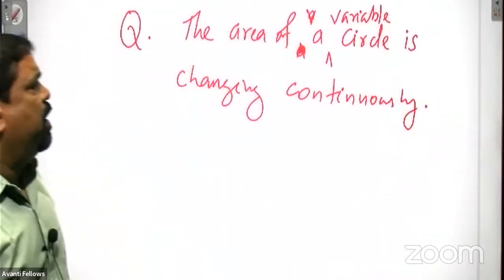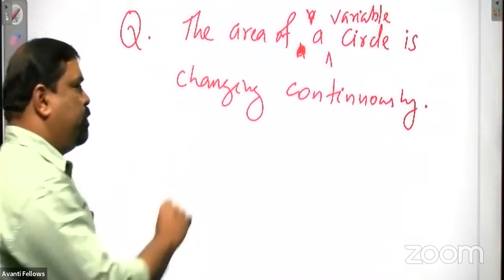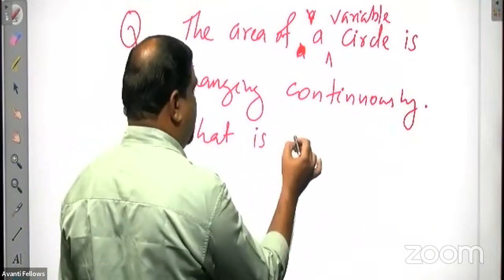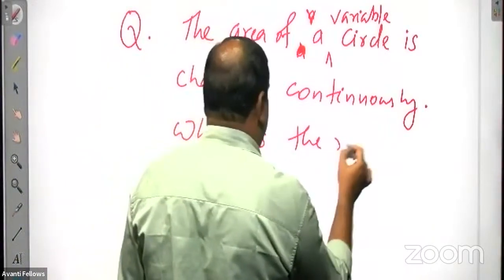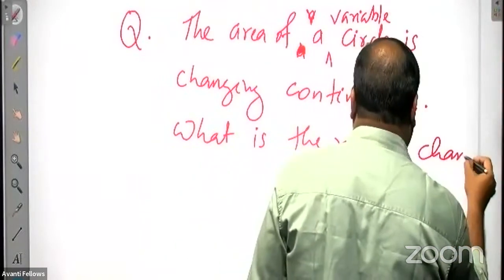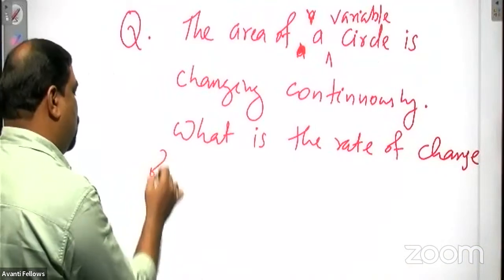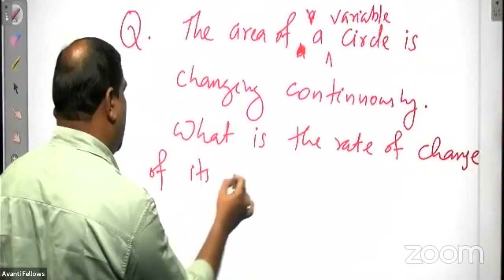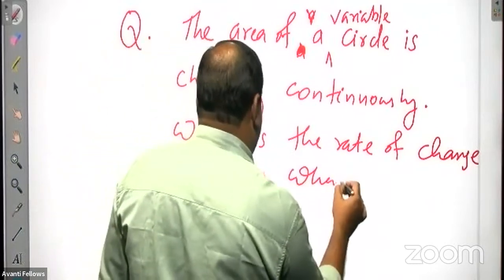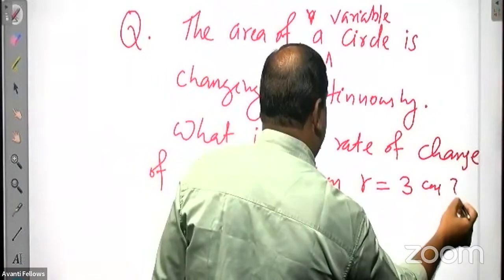Same problem. The area of a variable circle is changing continuously. So what is the rate of change of its area when r is equal to 3 centimeter?